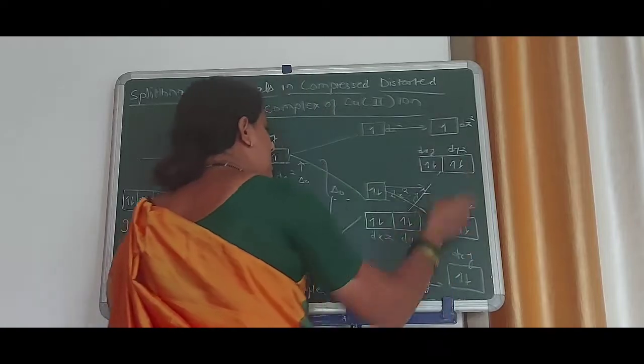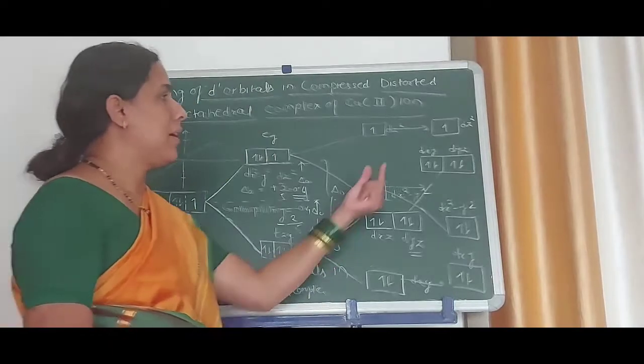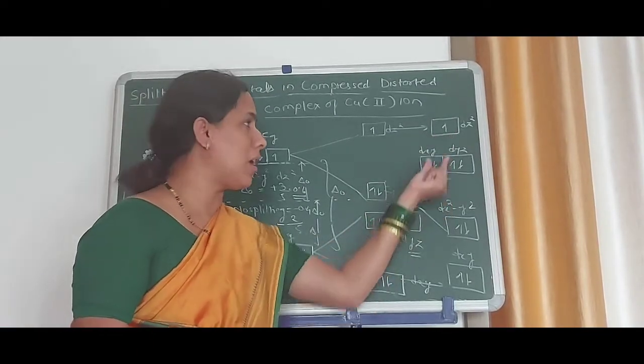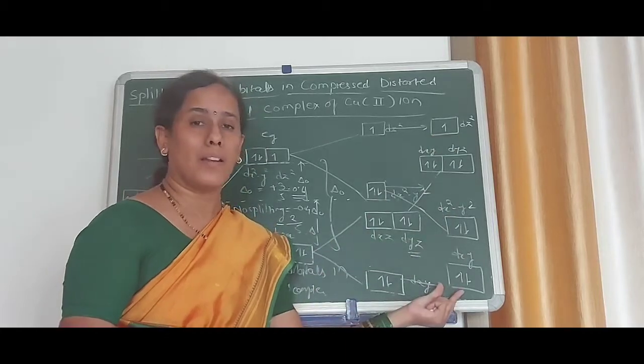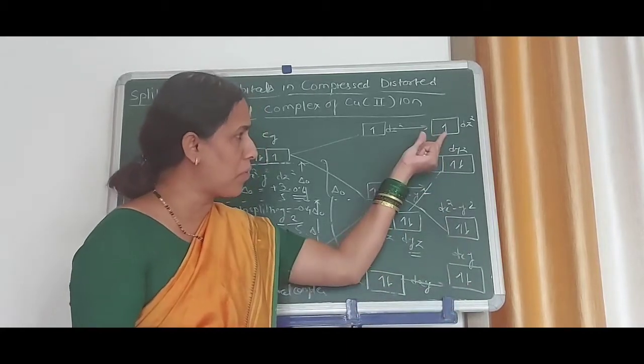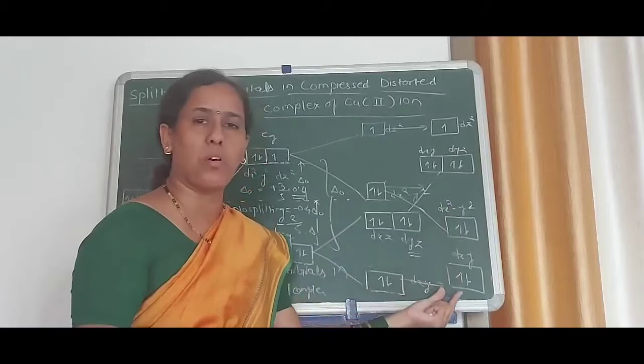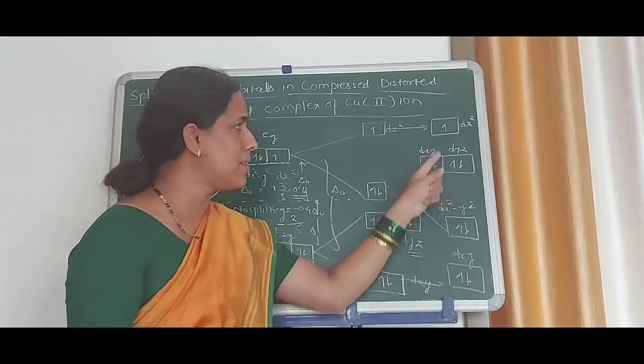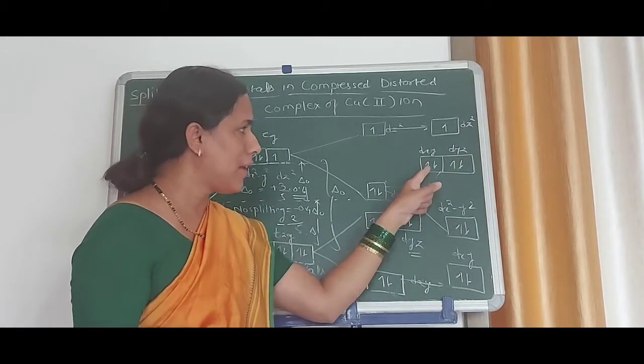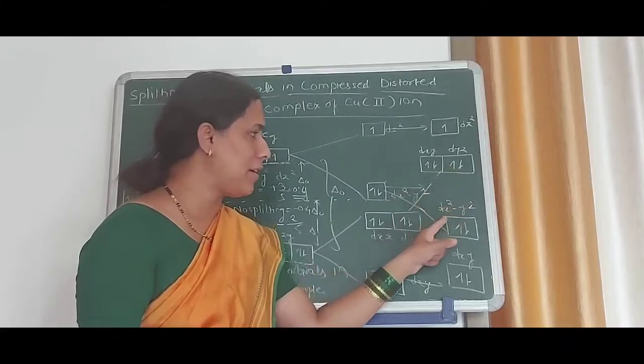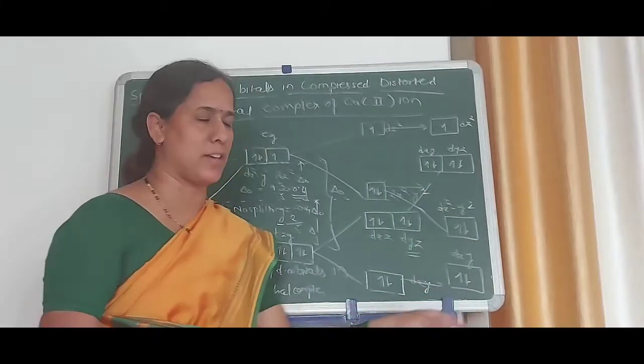Thus the electron distribution, with greater energy from bottom to top and decreasing energy from top to bottom, is as this: dz square, dxz, dyz, dx square minus y square, and dxy.